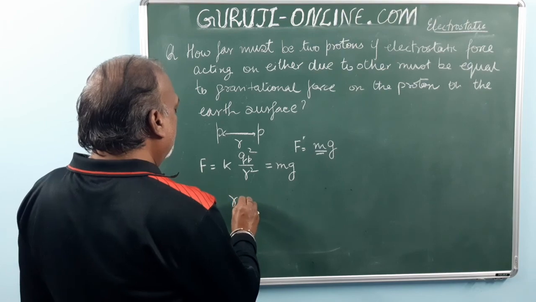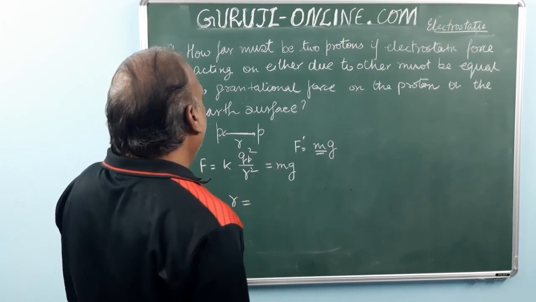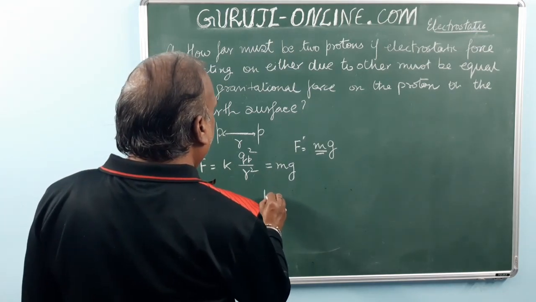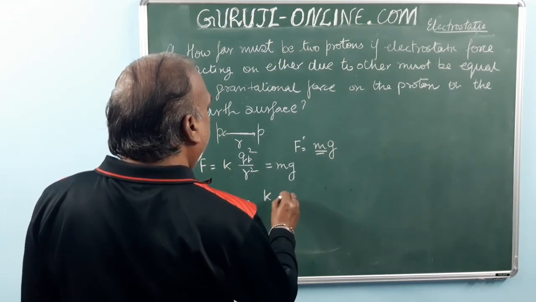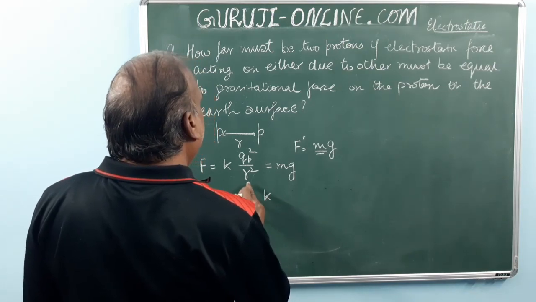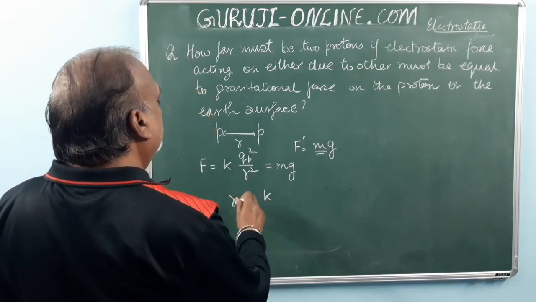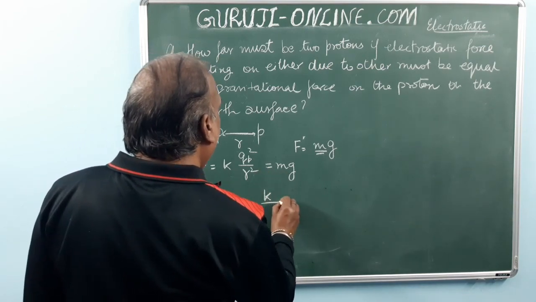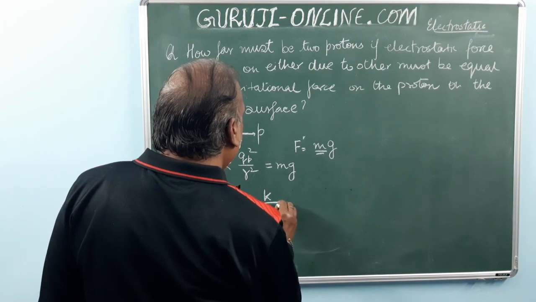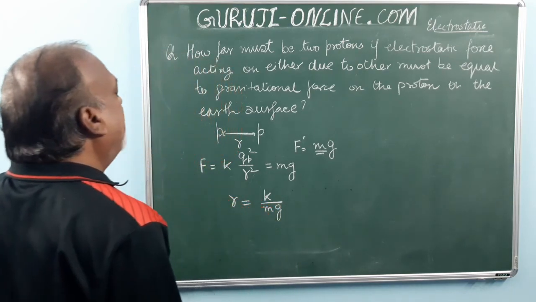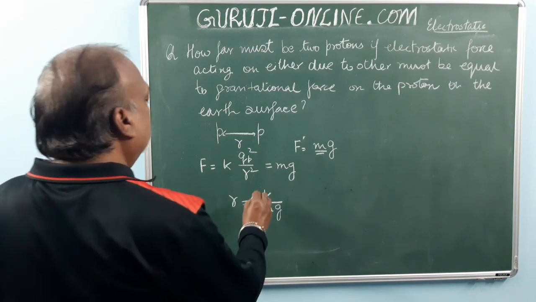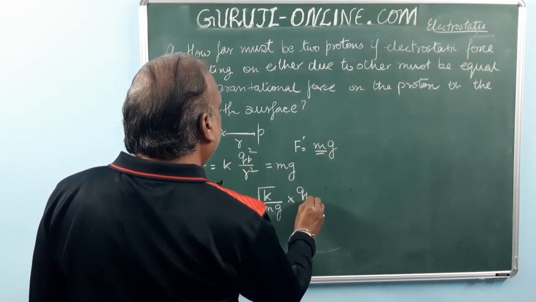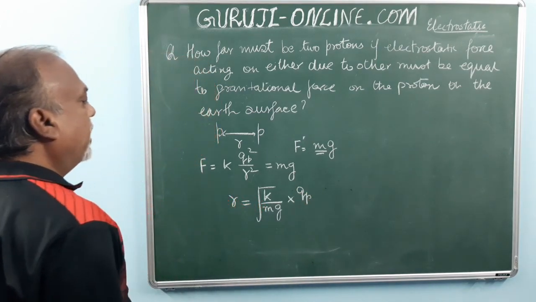So r, we can find out, r is nothing but root of k Q P square upon mg, correct.